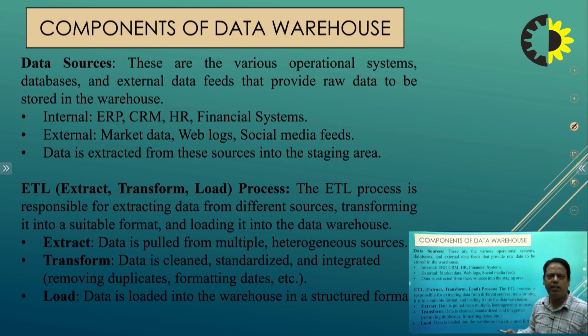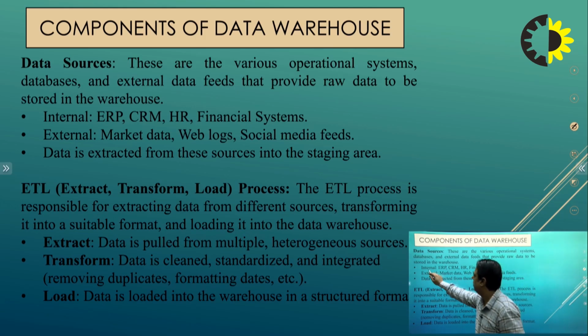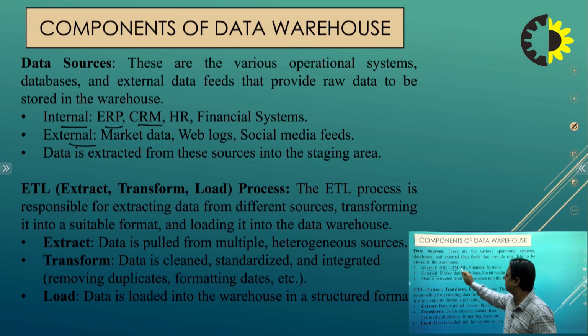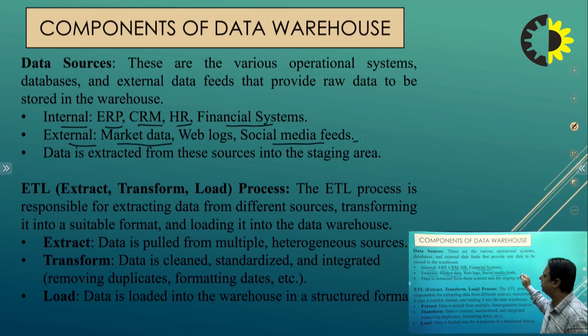Now we explain the first component, which is data sources. These are the various operational systems, databases, and external data feeds that provide raw data to be stored in the data warehouse. Internal data sources include enterprise resource planning (ERP), customer relationship management (CRM), human resource management, and financial systems, and external sources include market data, web logs, and social media feeds.